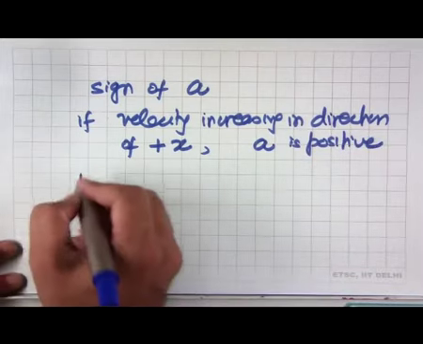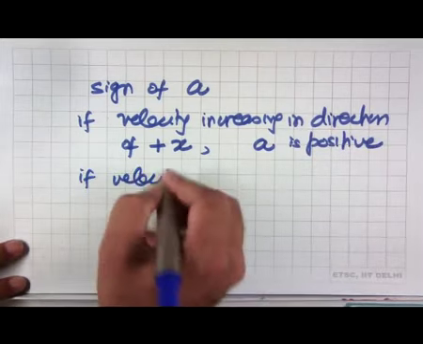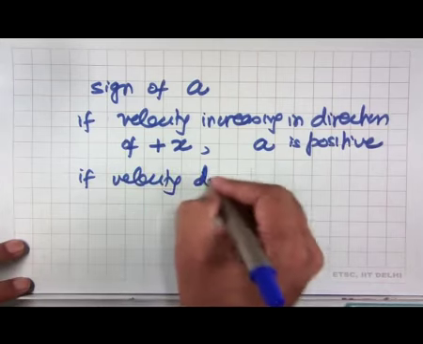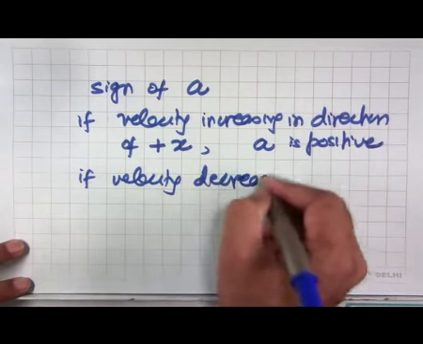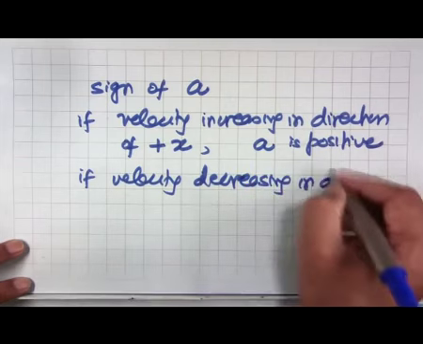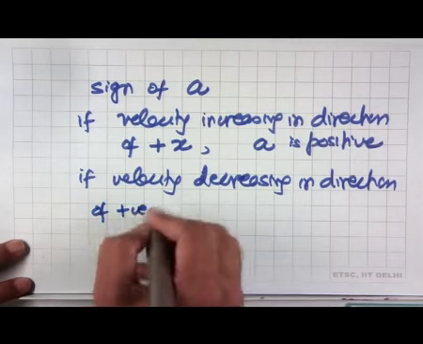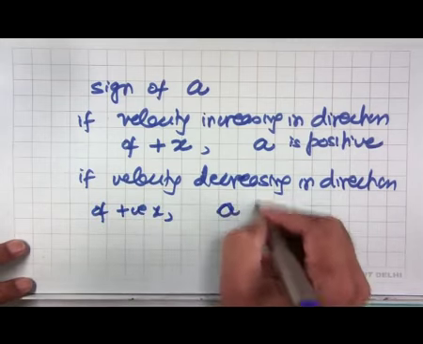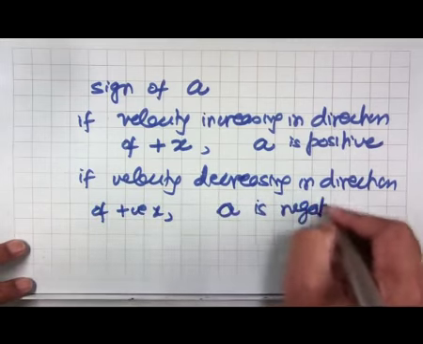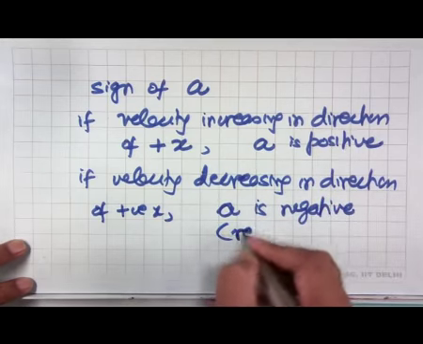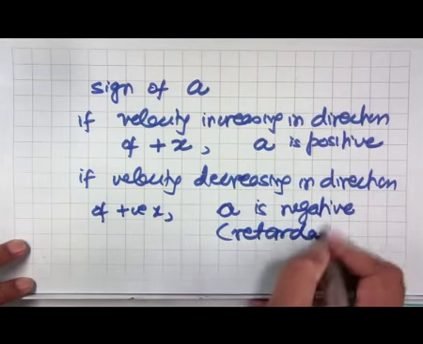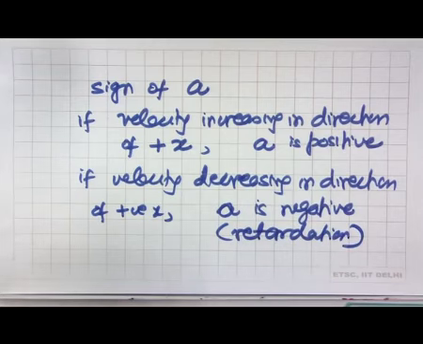But if velocity is decreasing in the direction of positive x, then acceleration is negative, and as we said, sometimes this is also referred to as retardation.